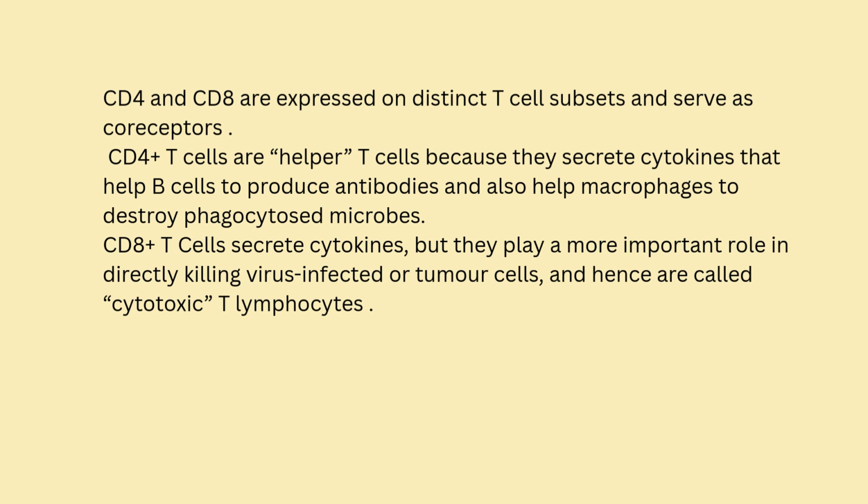CD8 plus T cells secrete cytokines which play a major role in directly killing virus infected or tumor cells. That is why they are also known as cytotoxic T lymphocytes.